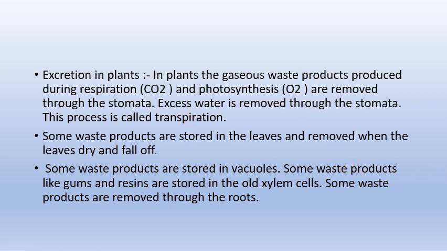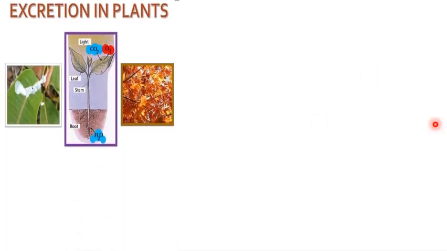Now have a look at this picture, how excretion takes place in a plant. You can see latex. This is one part of excretion of a plant, and you can see how the photosynthesis as well as transpiration process is helpful to eliminate the waste. That is what we call excretion in plants. We can see the dried leaves which will fall off after a few days. That is also one important process of excretion.